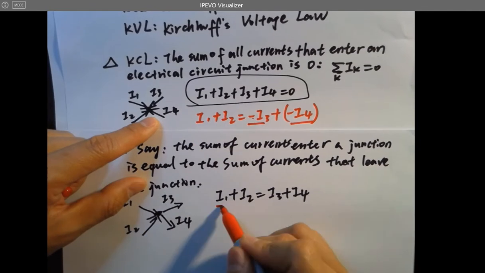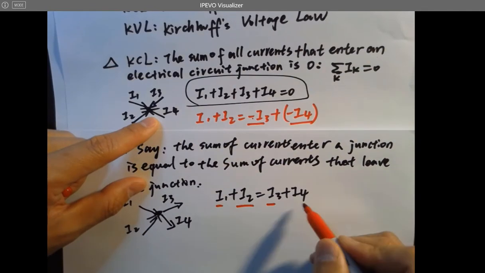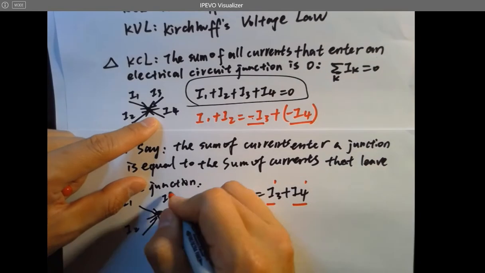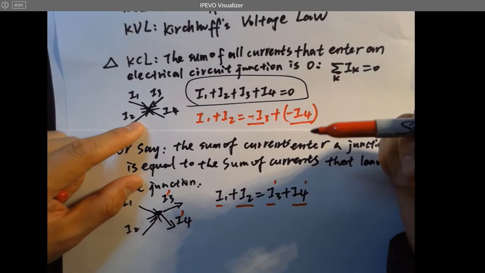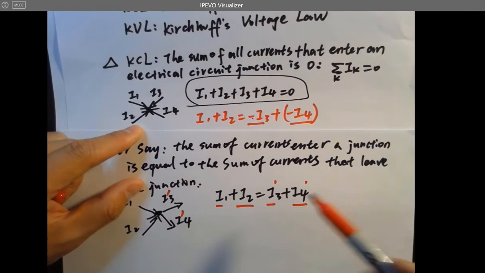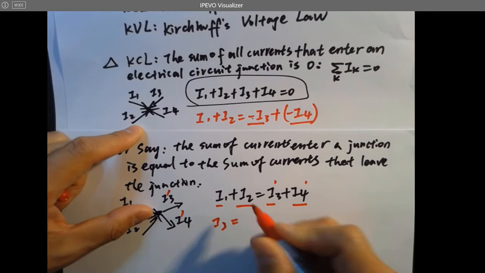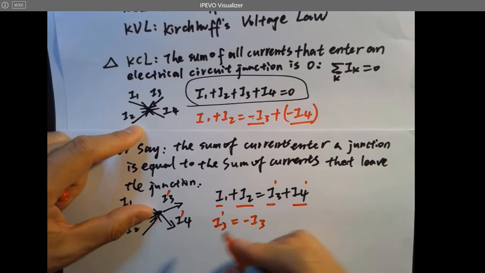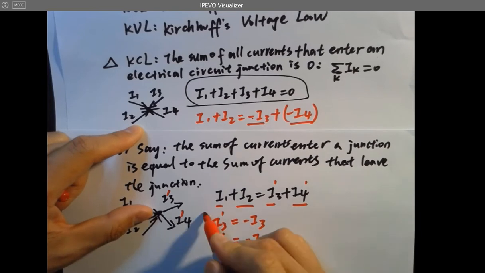Okay, so I1 plus I2 equals I3 plus I4, and here I put a prime on I3 and I4, just to differentiate the two sets. I3 prime equals minus I3, and I4 prime equals minus I4.